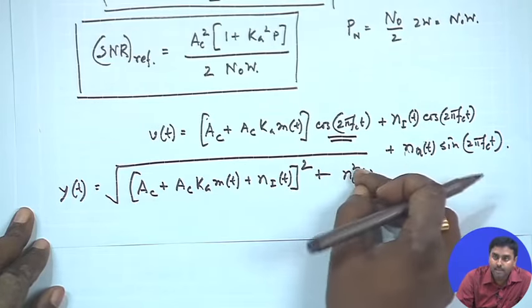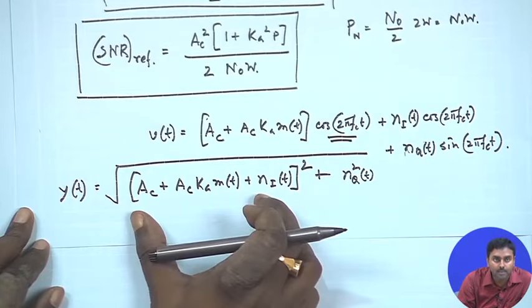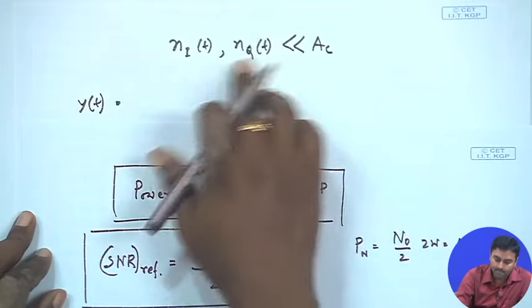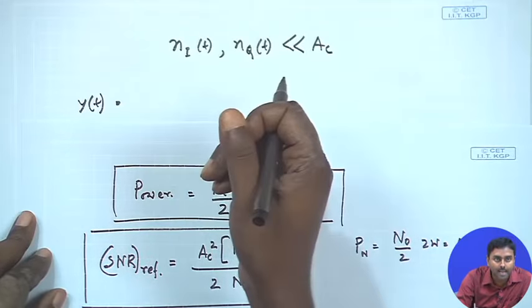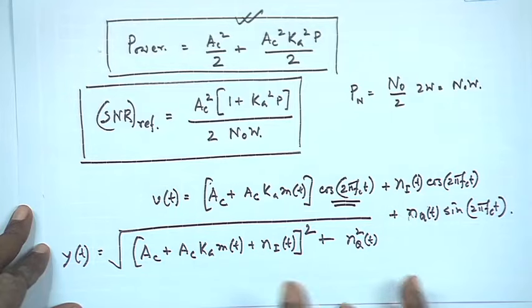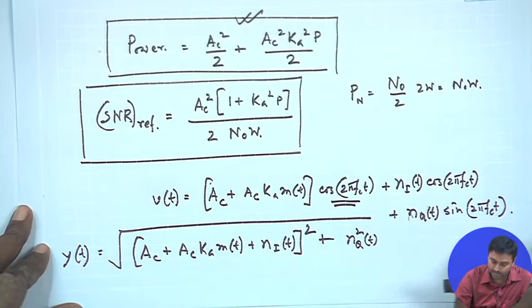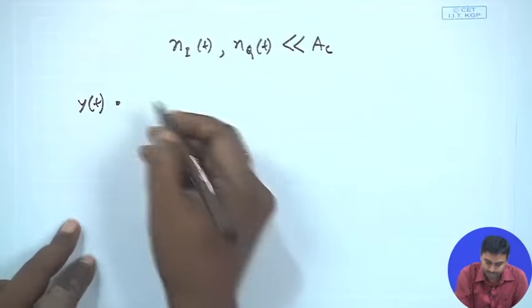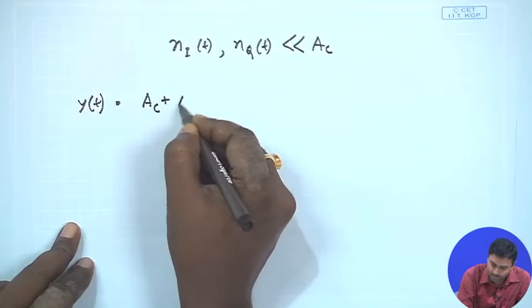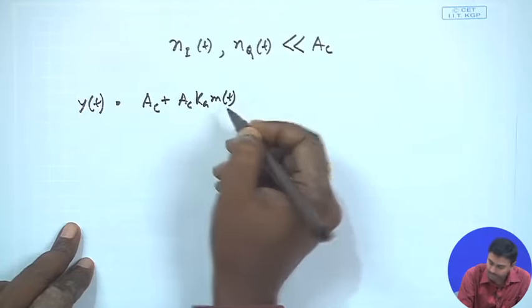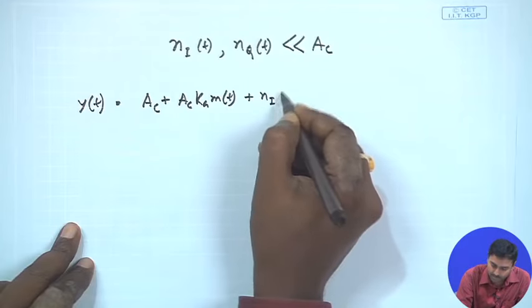So, this will be much lesser compared to this particular part, because this is already lesser, then the square of that will be much lesser. So, I can neglect that part. If I neglect it, I will have a square and a square root that will cancel out each other. So, I will get Ac plus Ac Ka m(t) plus Ni(t).